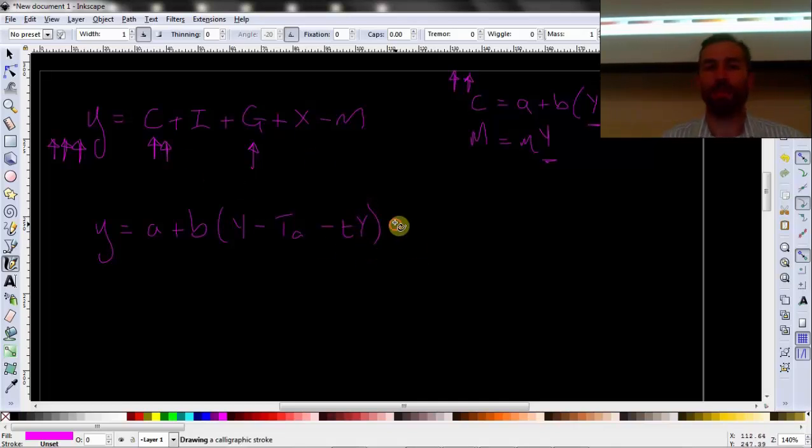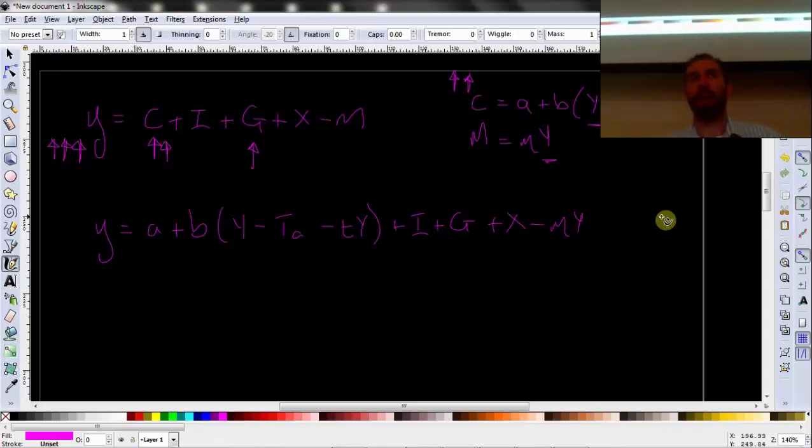Plus investment, which is an exogenous variable, also referred to as an autonomous variable. I plus G plus X, all of those are autonomous, minus our induced imports.